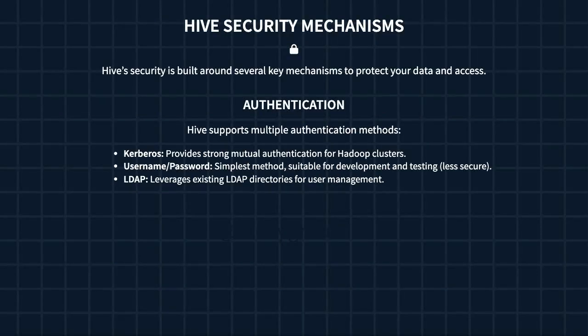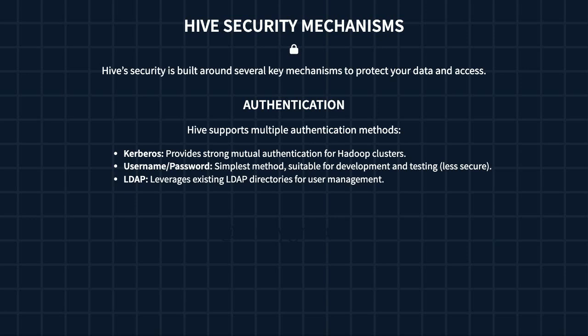Okay, let's talk about how Hive keeps your data safe. First off, there are a few different ways we can authenticate, essentially verify who someone is. We've got Kerberos for the strongest security, username/password, which is good for getting started, and LDAP if you already have an existing directory set up. Then, once someone's in, authorization controls what they can see and do.